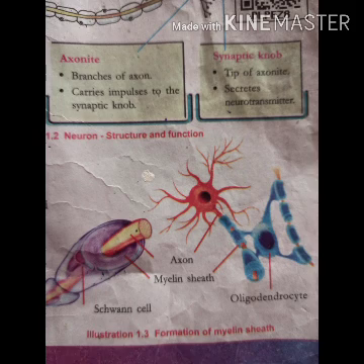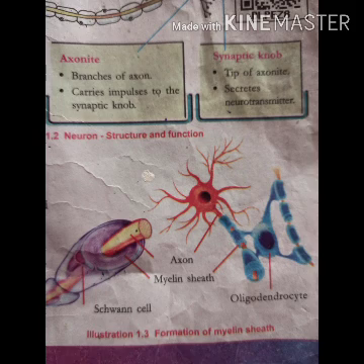So, are you clear about the difference between white matter and grey matter? White matter means the myelinated part of the nerve cell, and grey matter means non-myelinated part of the nerve cell. Most of the axons are covered by myelin sheath, but there are certain neurons without myelin sheath.